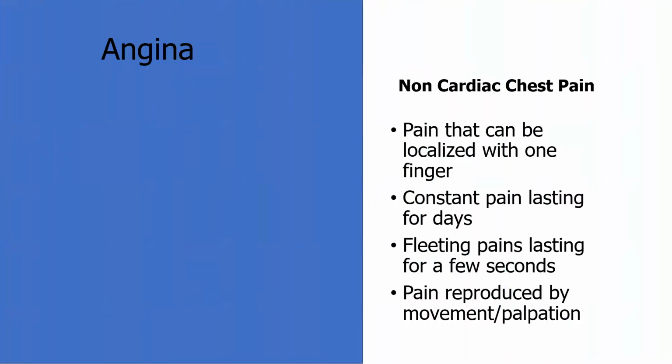So for non-cardiac chest pain, it's usually fleeting. Oftentimes people say they have fleeting chest pain lasting for a few seconds, and usually we don't think of that as coronary artery disease causing that chest pain. If you're having constant chest pain for days, that also is a little bit unusual, right?